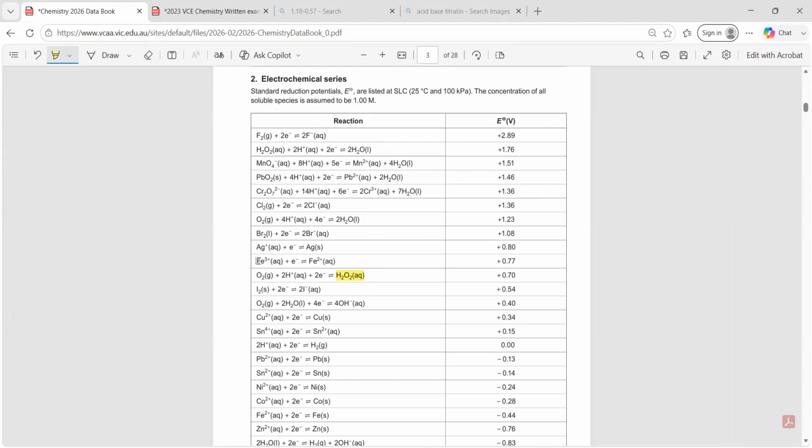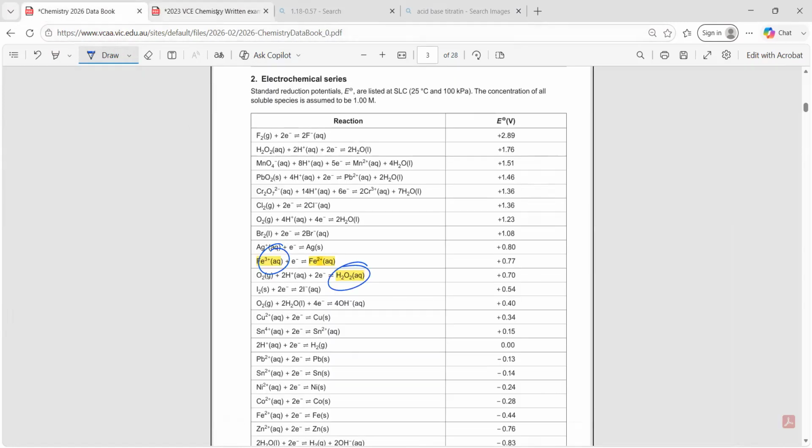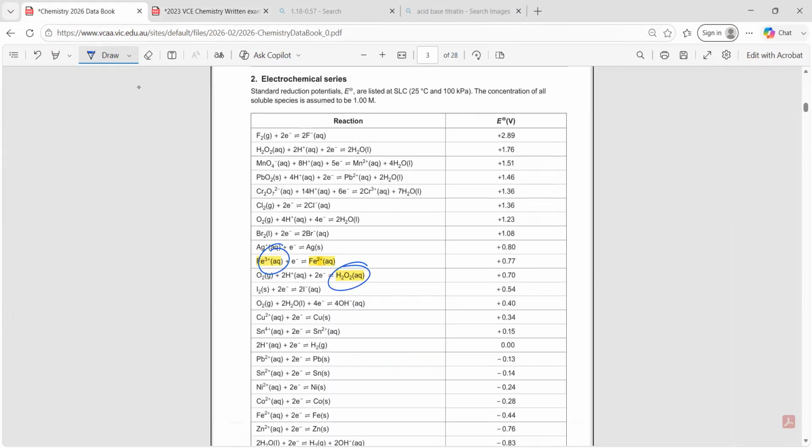Okay. So then there'd be a reaction happening between this and that. Iron is deposited at the bottom of the beaker, so there is no iron happening here. Yeah, there's nothing really happening with iron there. There's just Fe3 plus and Fe2 plus.